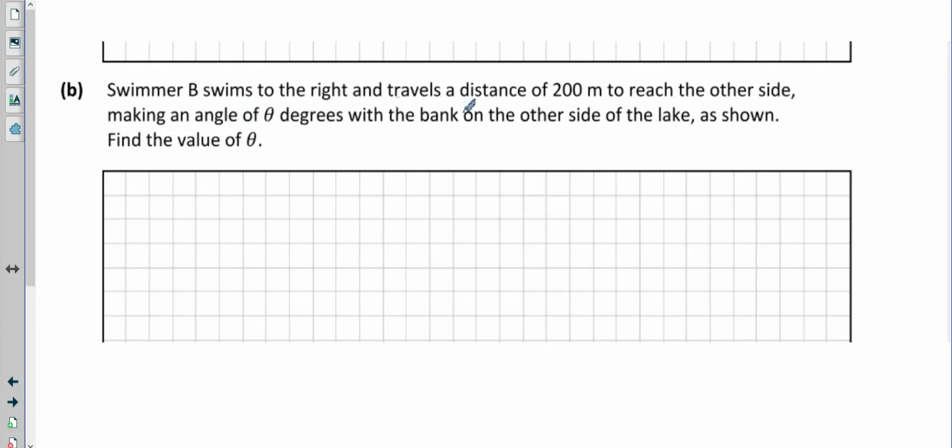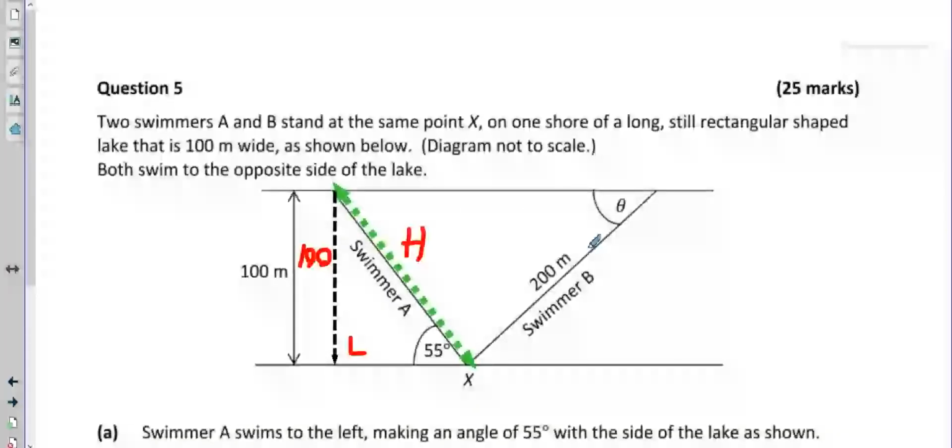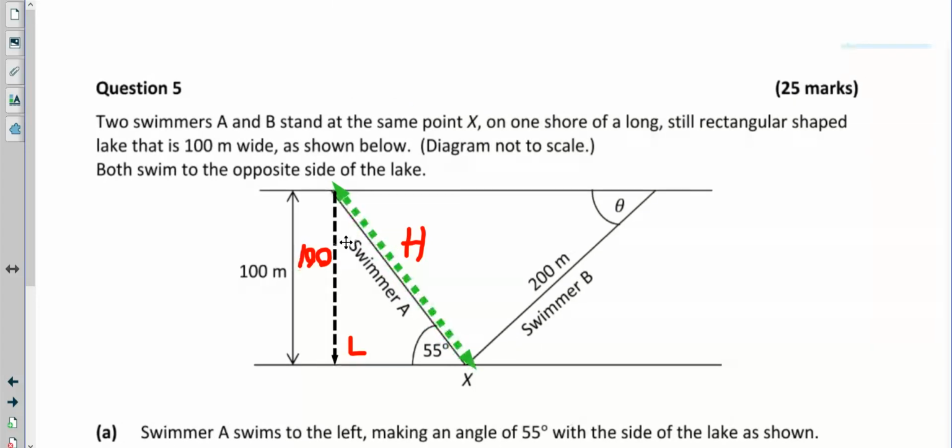Swimmer B swims to the right and travels 200 meters to reach the other side. Find the angle marked theta. So we have to find theta. Here's theta here. And once again, see this black line? I'm going to grab that black line and bring it over. We know that 100 is the opposite, isn't it?